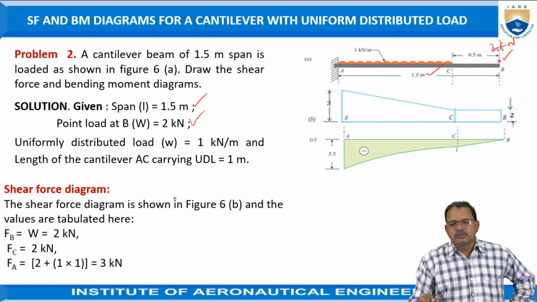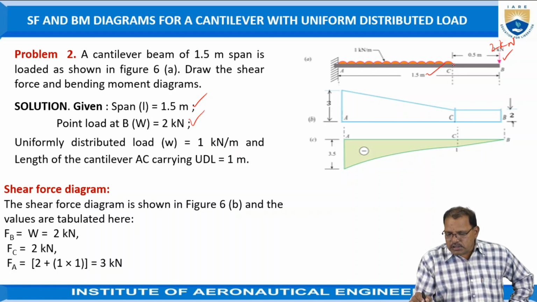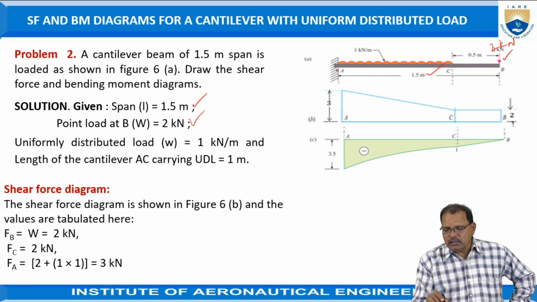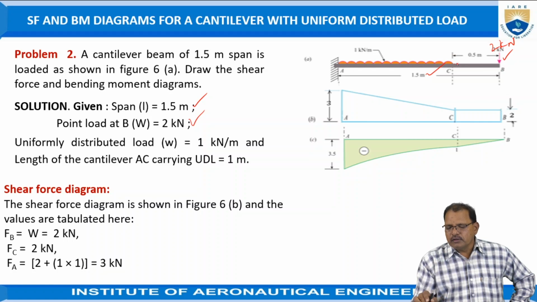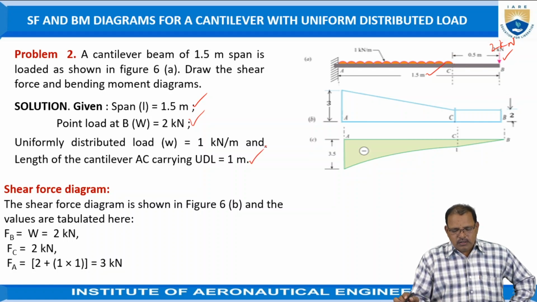Uniformly distributed load is equal to 1 kilonewton per meter, from C position to A position. The length of the cantilever AC, the distance between A and C, is equal to 1 meter. Now first we will draw the shear force diagram.